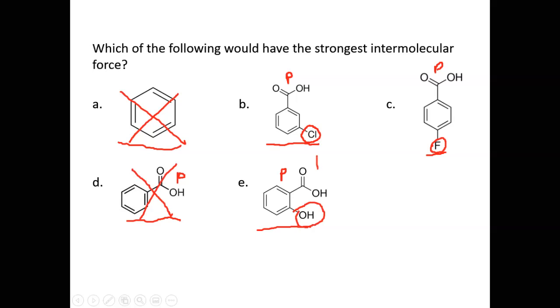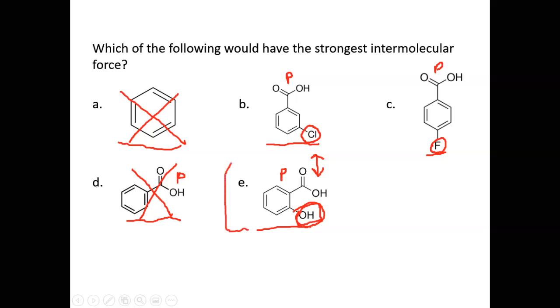Now, for B and E, these substituents are closer to the OH. F is further away. But between Cl, OH, and F, OH is a hydrogen bonding group.